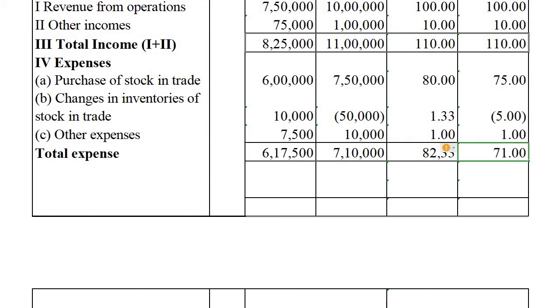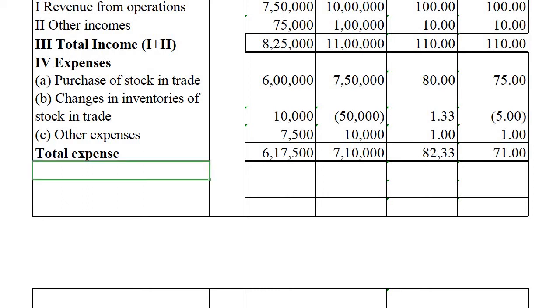Total expense for the current year is 71%. That means 71% of the revenue from operation is total expense, or in the previous year 82.33% of total revenue is total expenses.